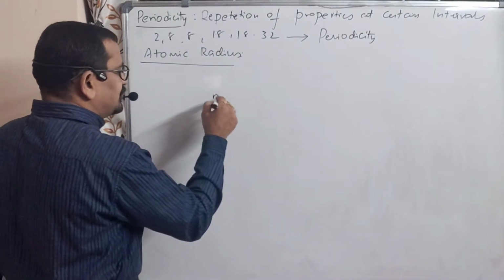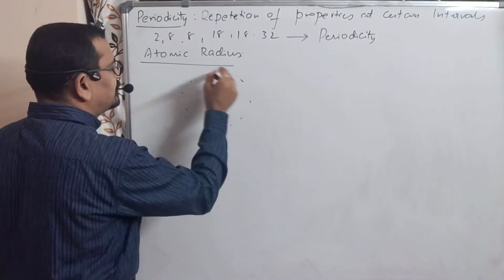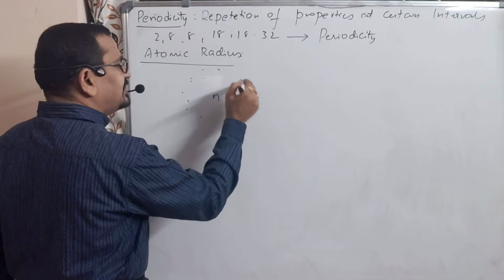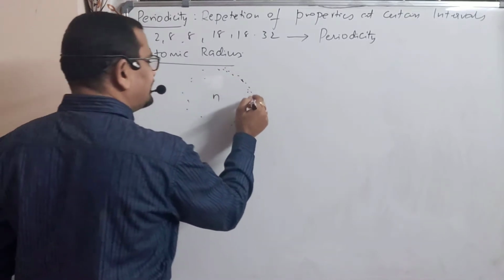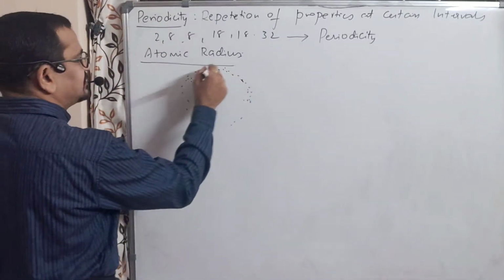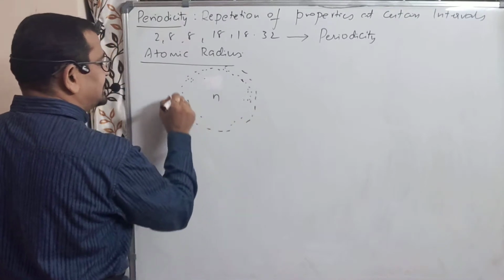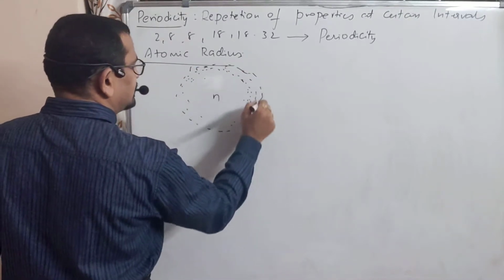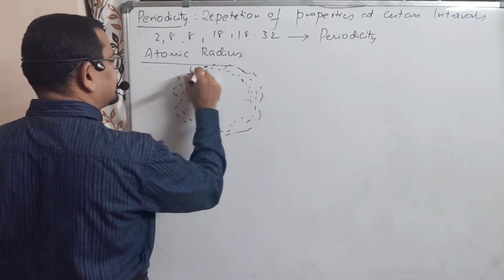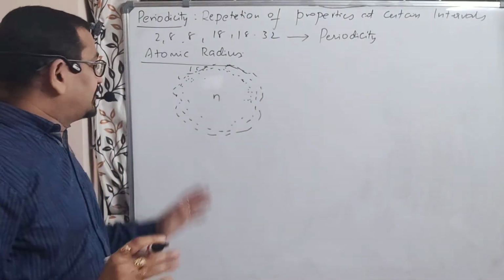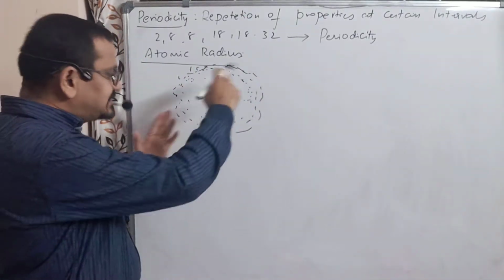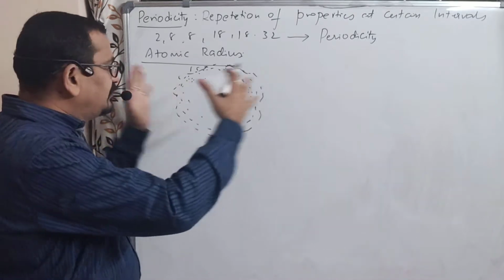Actually, when this is the nucleus and electron density is diffused around the nucleus like this, there is no fixed physical quantity. We have studied that in atomic structure already. The electron cloud is diffused in different styles around the nucleus.